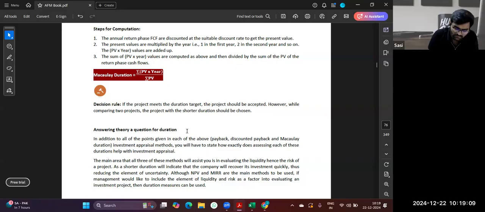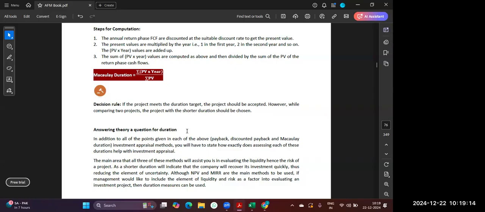Clear? Okay, sir. Again, what will be your basis of decision in Macaulay duration? Macaulay duration basically tells you an average time taken to recover your investment, rather than telling when you will recover. So how will you decide whether you want to go with it or not?